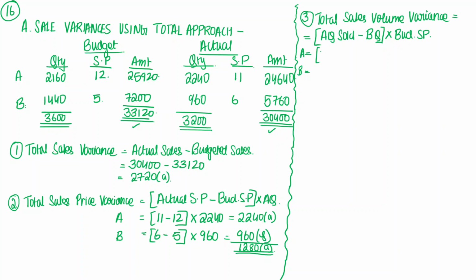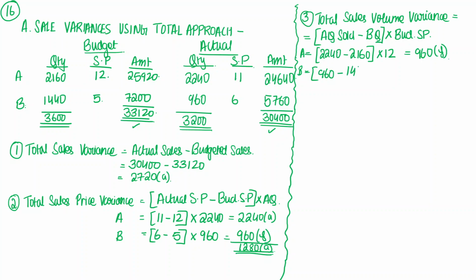A would be: I was supposed to sell 2160, I sold 2240, into budgeted selling price of 12 rupees. That is equal to what? 960 favorable. Similarly, for B, I was supposed to sell 1440, I sold 960.